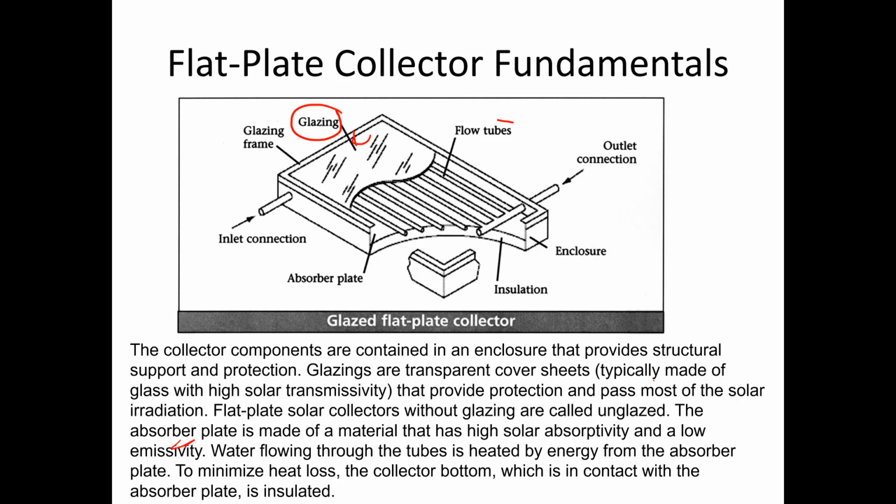Flat plate collectors without glazings are called unglazed. The absorber plate is made of a material that has a high solar absorptivity and a low emissivity. Water flowing through the tubes here is heated by energy from the absorber plate. And to minimize heat loss, the collector bottom, which is in contact with the absorber plate, is insulated.